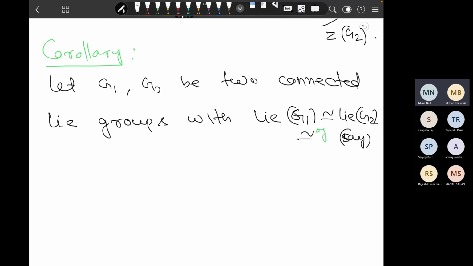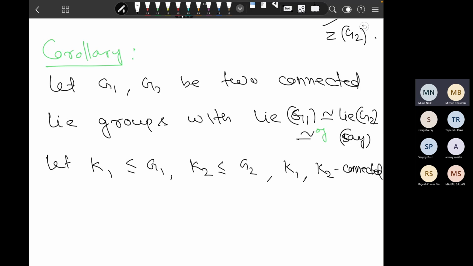Okay, so let K1 be a subgroup of G1, K2 a subgroup of G2, K1, K2 connected, and Lie algebra of K1 isomorphic to Lie algebra of K2, k.